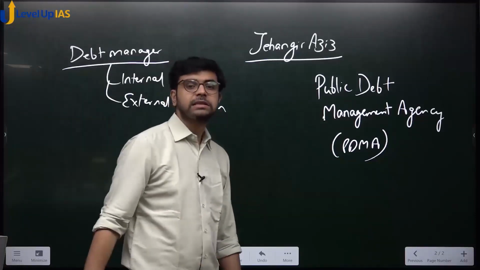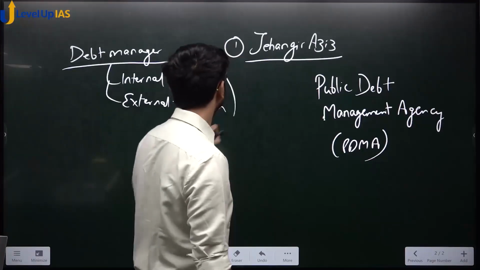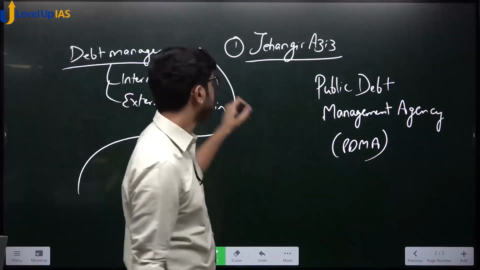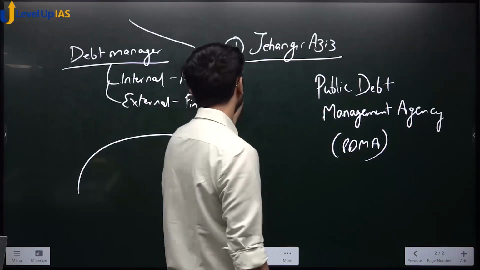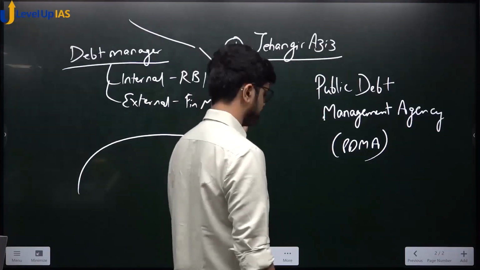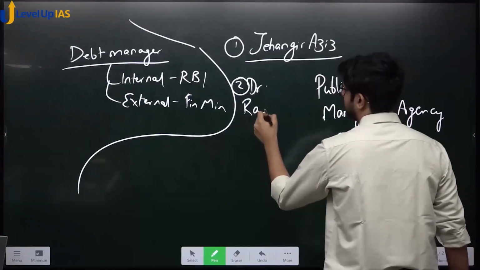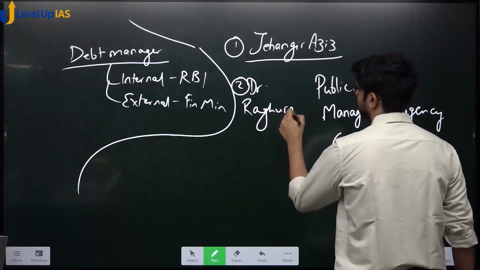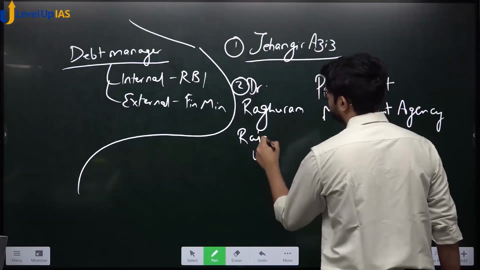First committee. Second committee which spoke about Public Debt Management Agency. These three committees you should know. Second committee which spoke about Public Debt Management Agency is Dr. Raghuram Rajan Committee.